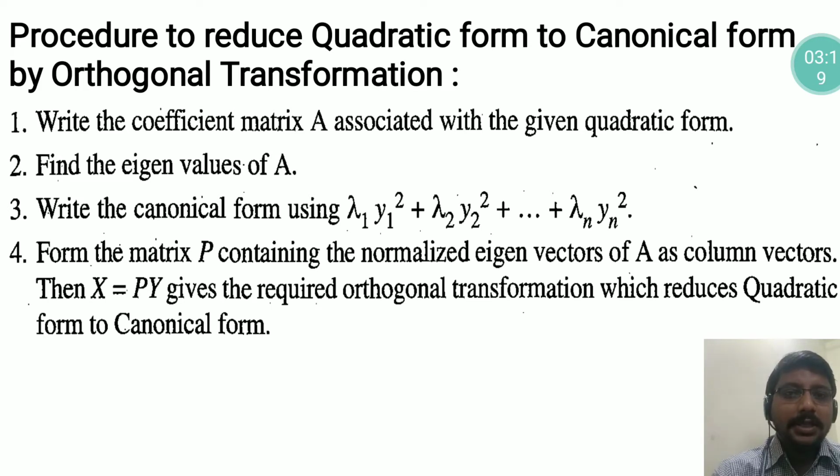So here we have to define the model matrix P which contains the normalized eigenvectors which are associated with capital A. And last but not least, x equal to py is the required orthogonal transformation, that is, x1, x2 and so on xn variables are transformed to y1, y2, y3 and so on yn with respect to the relation x equal to py, which is the required orthogonal transformation which reduces the quadratic form to canonical form. Remember these are the four steps. Now we will go to problems.